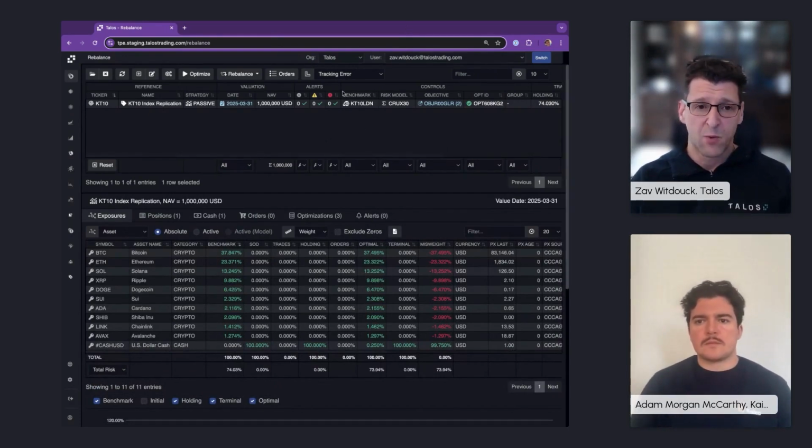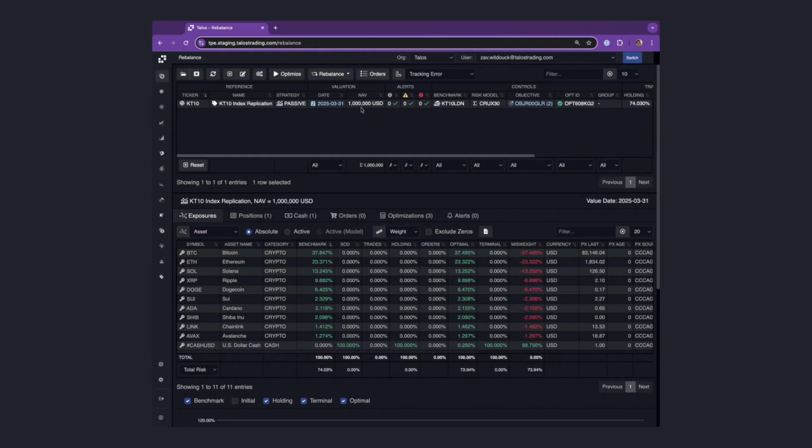What we're looking at here is a sample portfolio that is initialized with just $1 million of cash. If we look at the exposures at the bottom half of the screen, we can see the actual benchmark weights as they are currently. I'm not sure when the next index rebalance is for KT10.